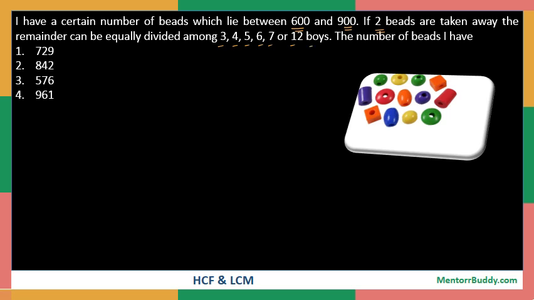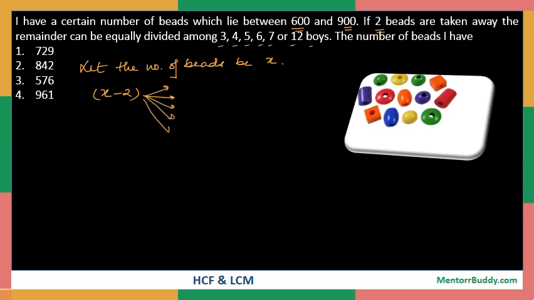So let us assume the number of beads be x. And the question says if we remove two beads from it, it can be equally divided among 3, 4, 5, 6, 7 or 12 boys.